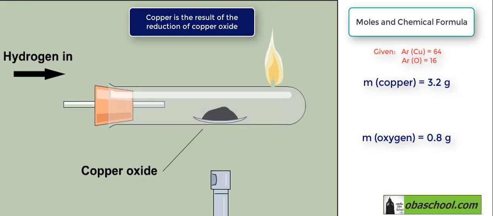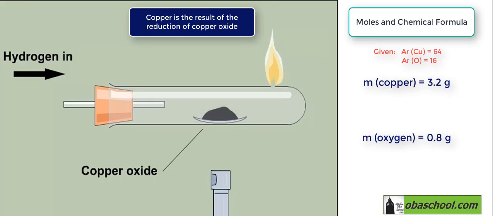Well, now we can calculate the number of moles of each element present from the masses using their relative atomic masses. The relative atomic mass of Cu, copper, is 64, and that of oxygen, O, is 16. The number of moles is equal to the mass over the relative formula mass.